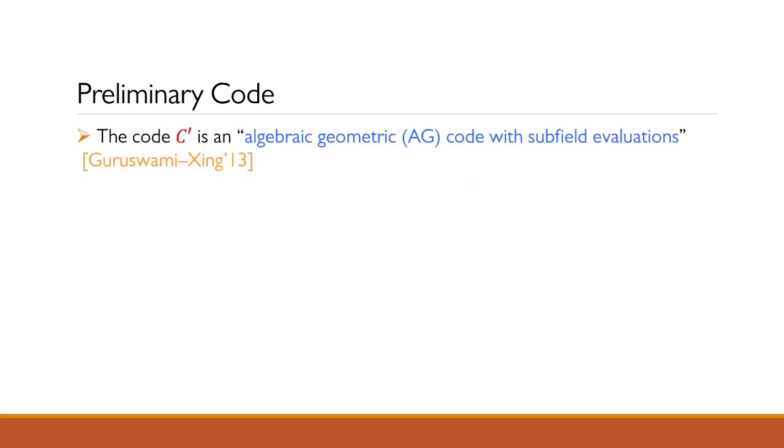Next, let me give you some more details about these two steps. At the first step, we construct a preliminary code C prime. And for this step, we follow the work of Goswami and Shin and construct C prime as a so-called algebraic geometry code, or AG code, with subfield evaluations.